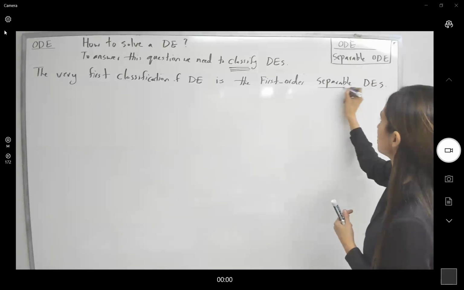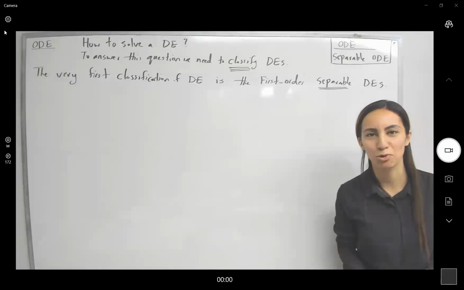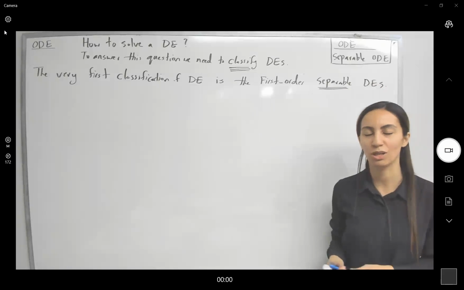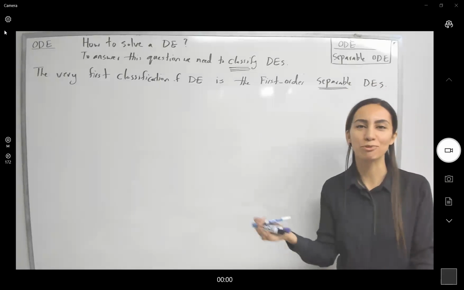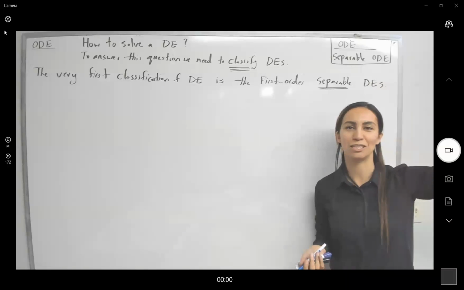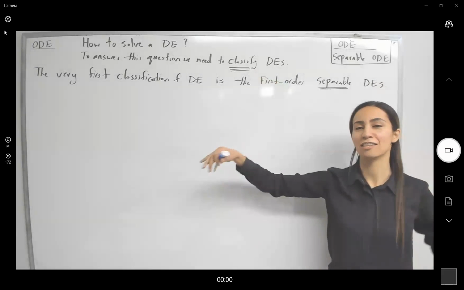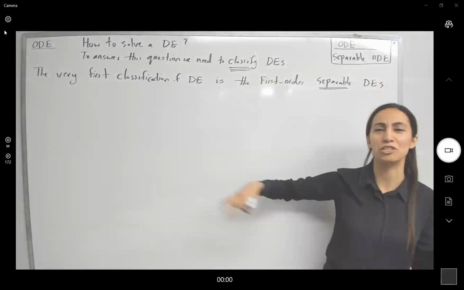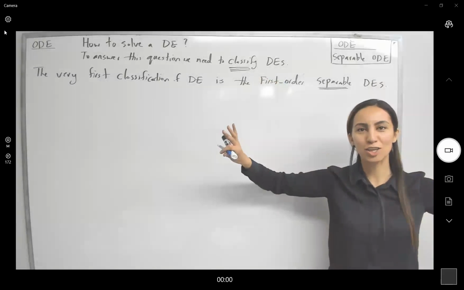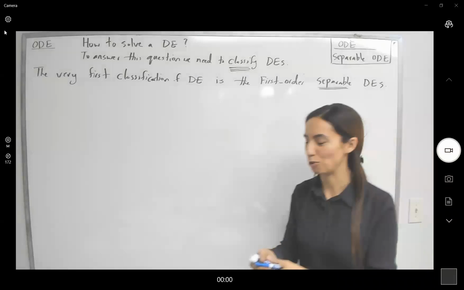Okay, separable. What's the definition of a separable differential equation? Well, if you can separate dy and terms, expressions in y on one side, and dx, terms and expressions in terms of x on the other side, we call it a separable differential equation.